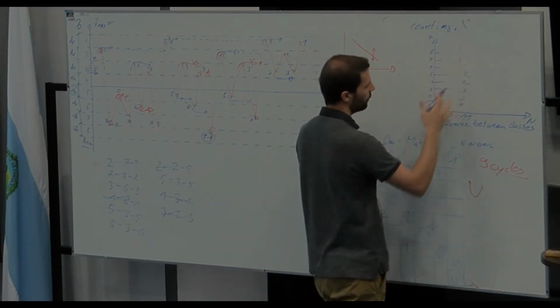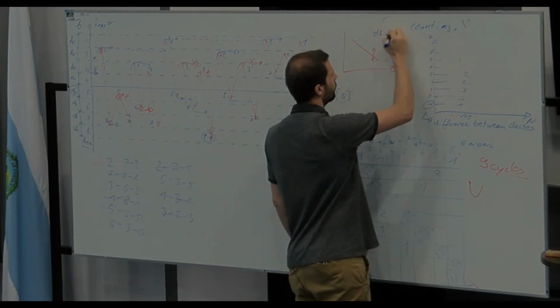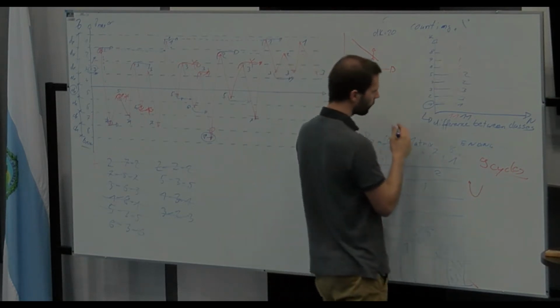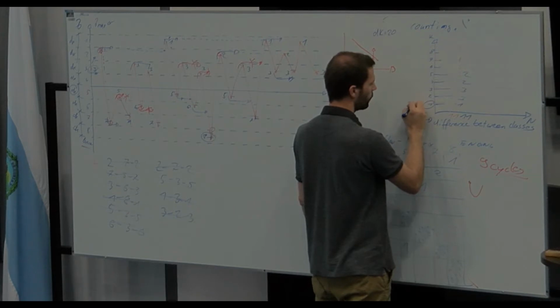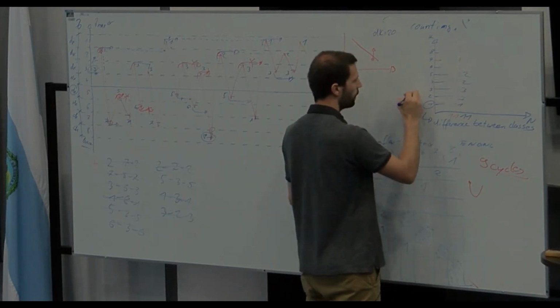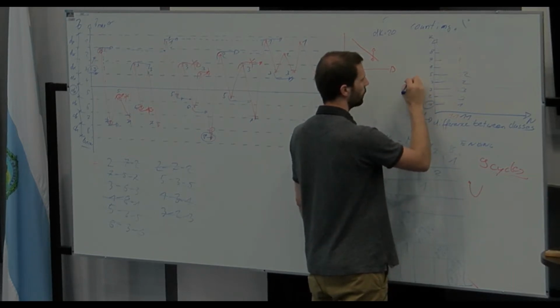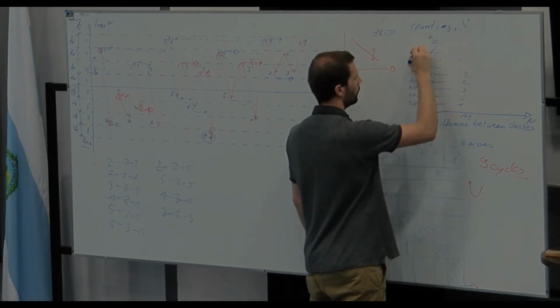So for example, if we now say our dk is 20, then we would have here for the first stress range 20 MPa, here 40 MPa, 60, 80, 100, 120, 140, 160 MPa.